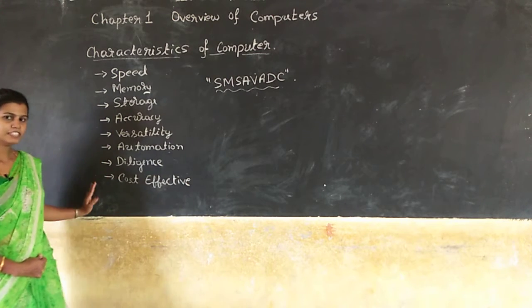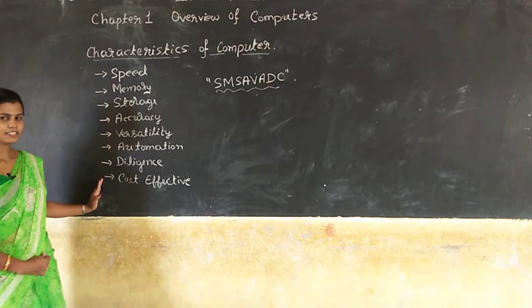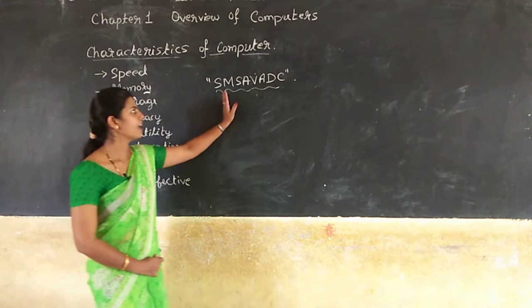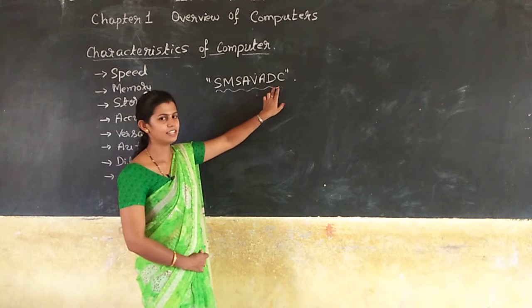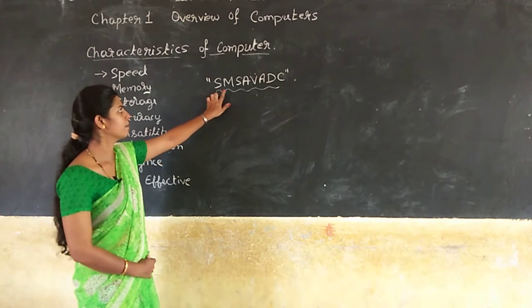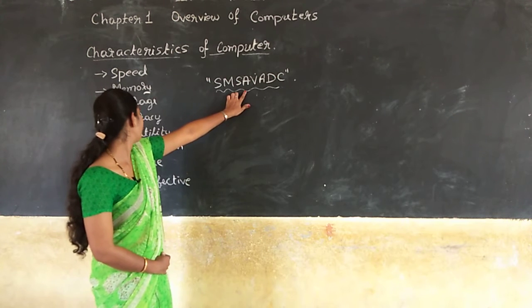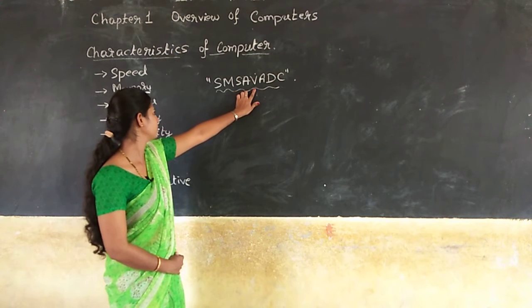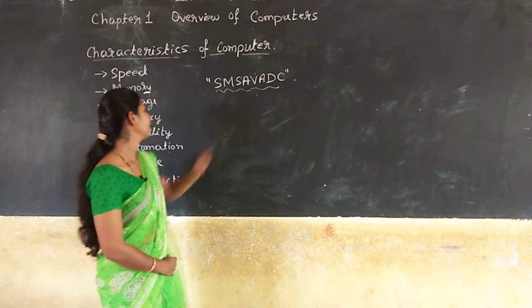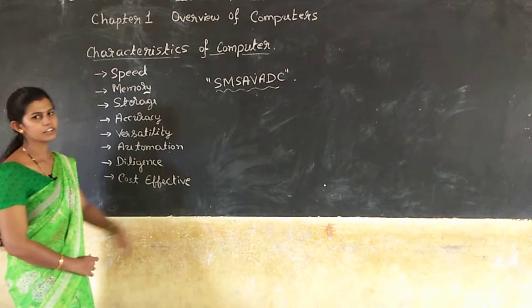You can remember these characteristics by using the short form SMSAVADC. Speed, memory, storage, accuracy, versatility, automation, diligence and cost effective.